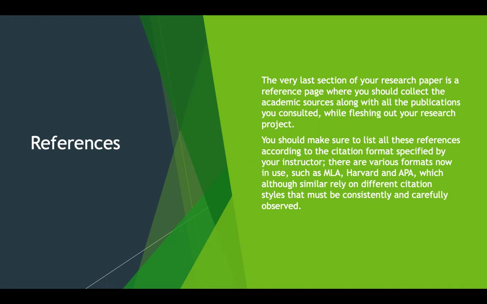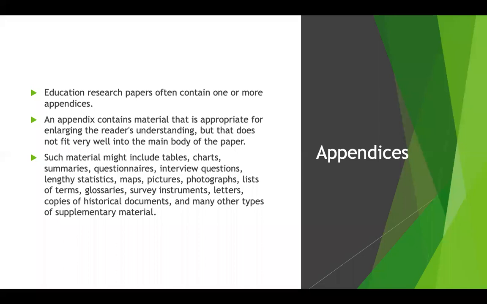These references are the papers or academic sources that you have consulted while composing all of your research paper. Then the appendix. Education research papers often contain one or more appendices.